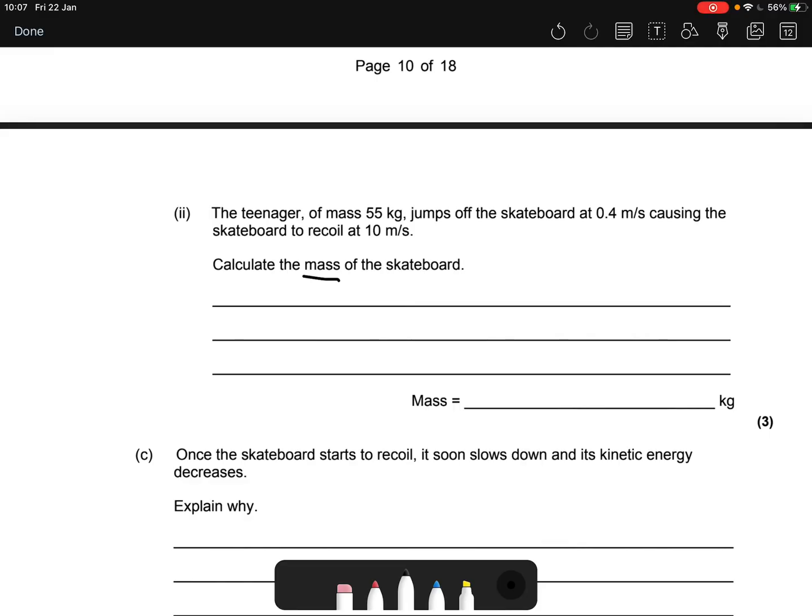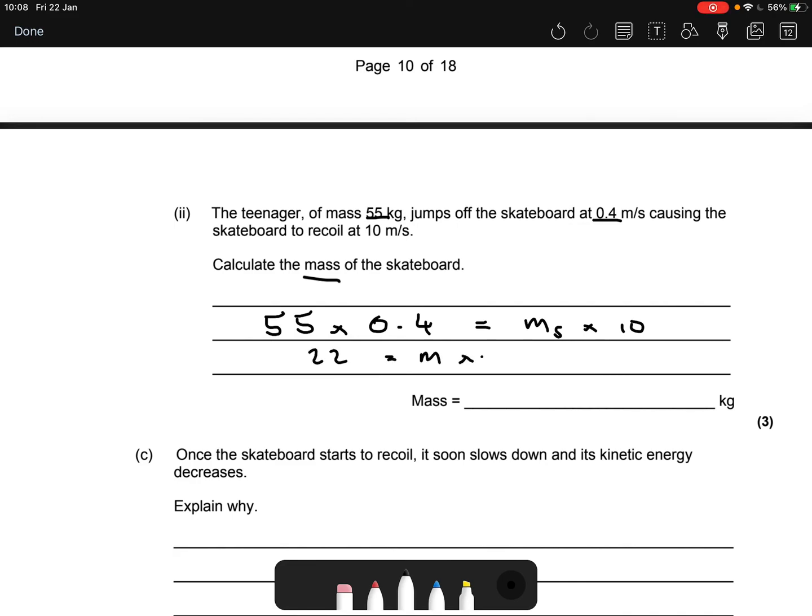So what we can say is that the momentum of the teenager, which we get with that one and that one, in one direction will equal the momentum in the other direction. So we're going to say 55 times 0.4 is equal to the mass of the skateboard times 10. 55 times 0.4 is 22.